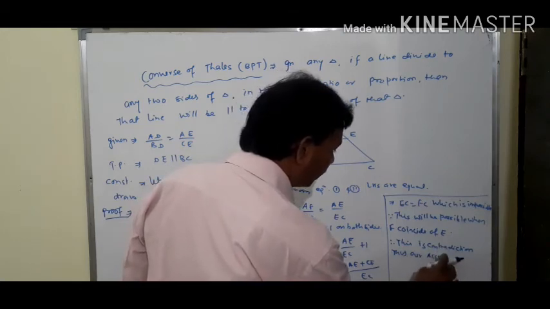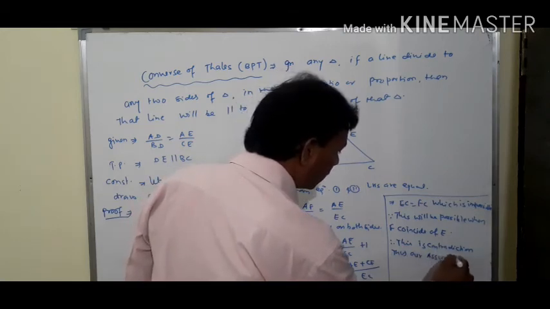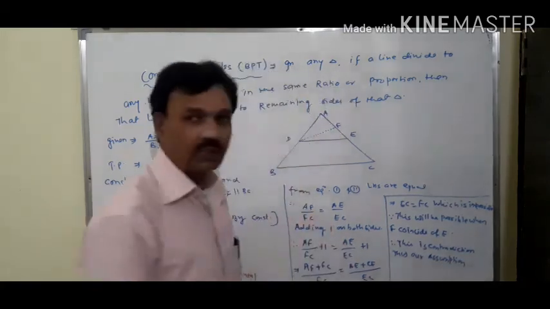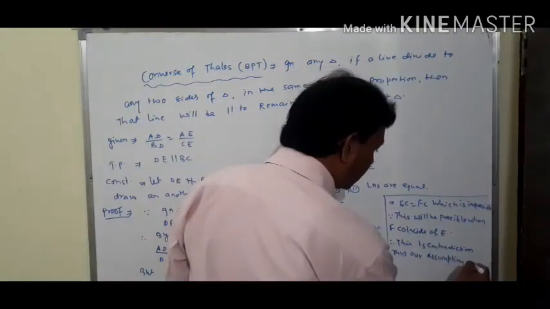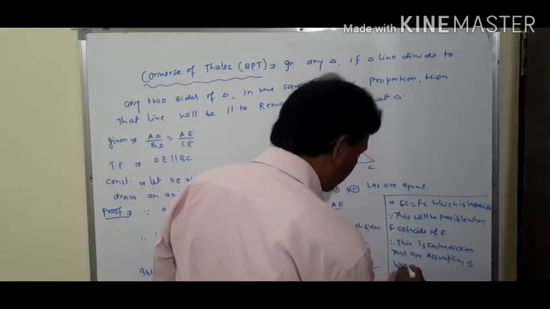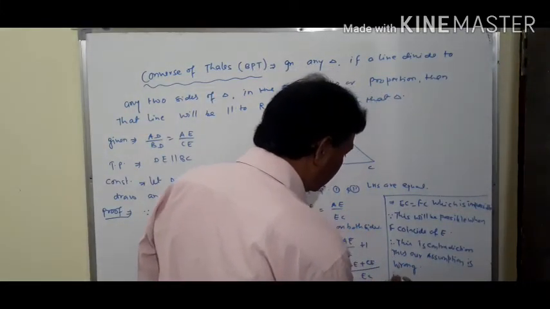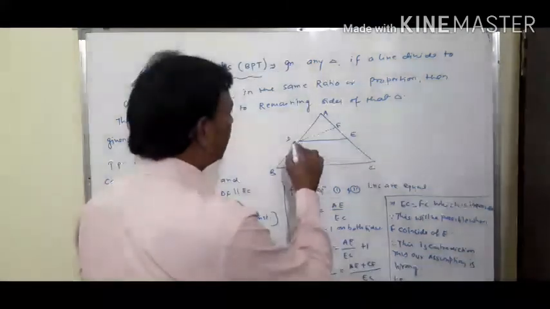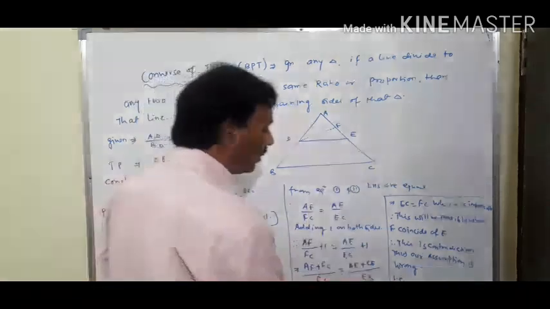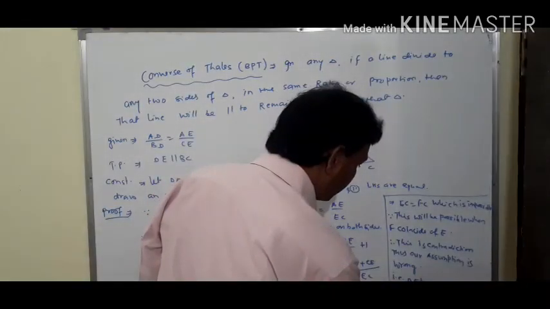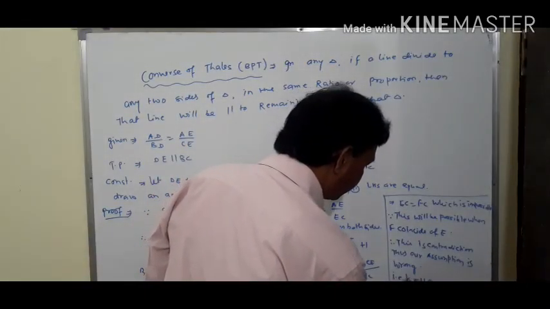Assumption means what we considered, and this is not correct. That is, DF not parallel to BC is wrong, so DE is parallel to BC.